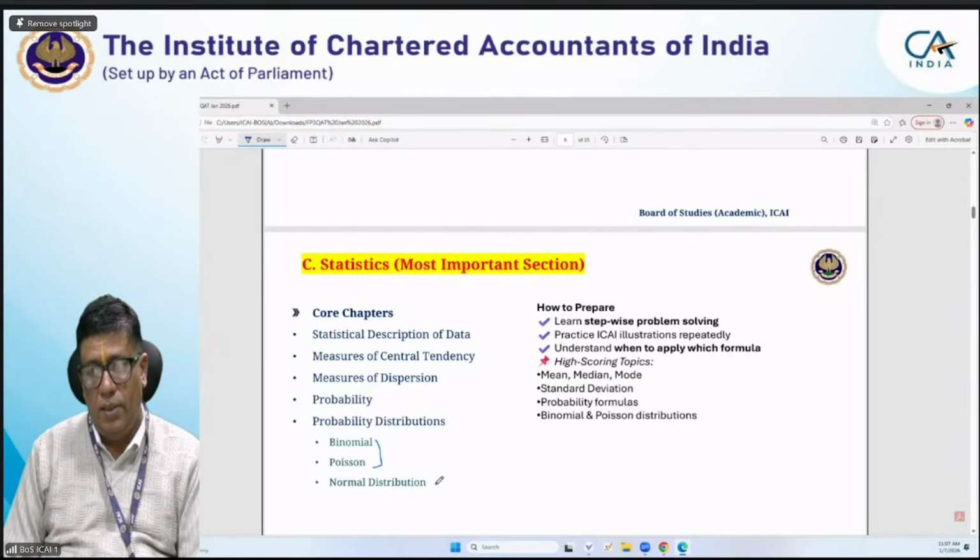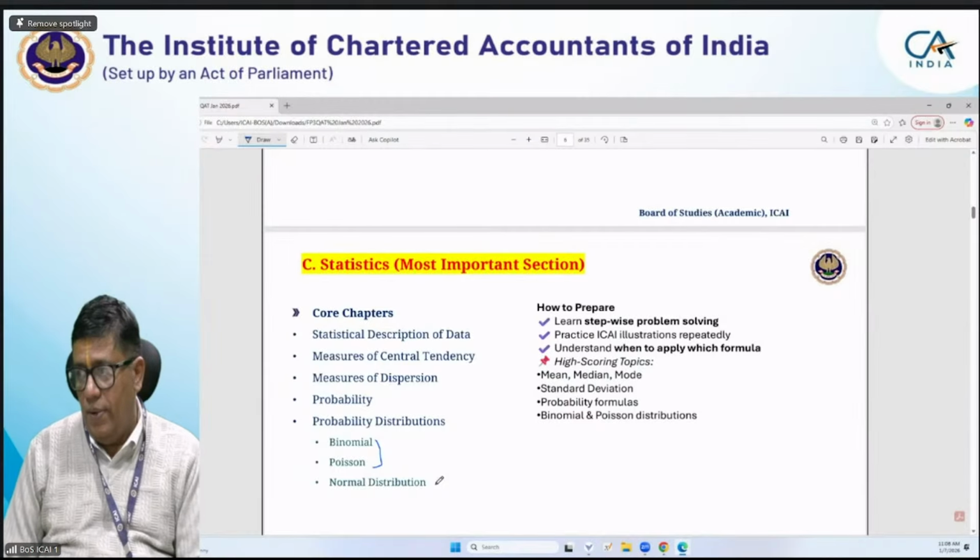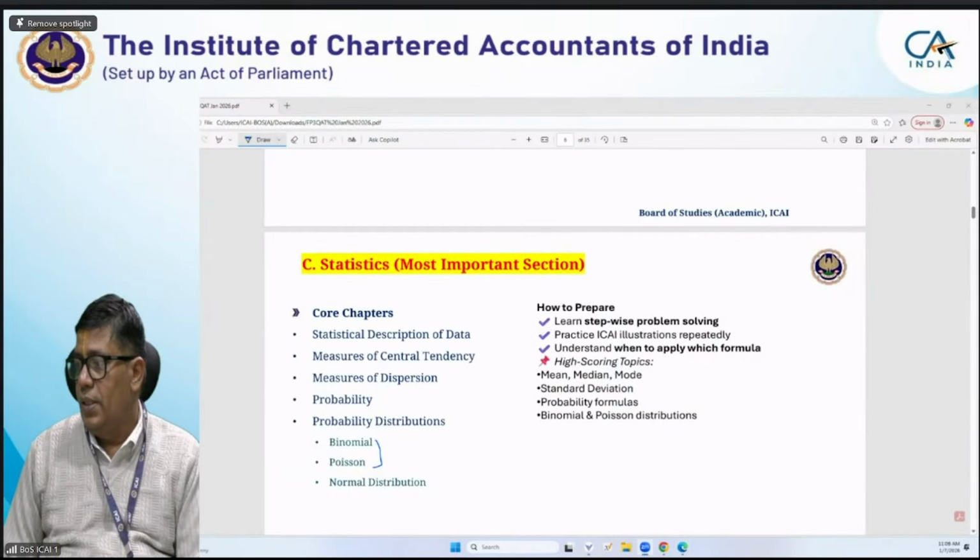High scoring topics are mean, median, mode, standard deviation, probability formulas, and binomial and Poisson distribution. Apart from that, correlation, regression and index numbers are also very important chapters to see.